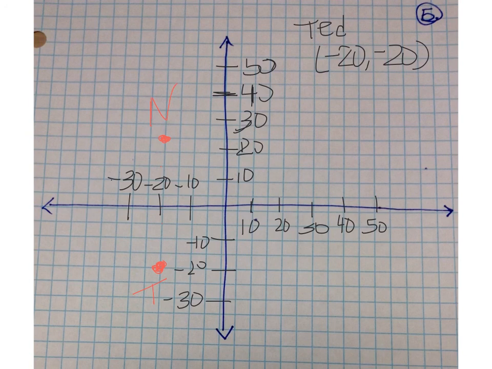So Ned's coordinates would be negative 20, because you're on the x-axis first, and then we go positive 25. And it asks for you to give the coordinates for each brother's house.